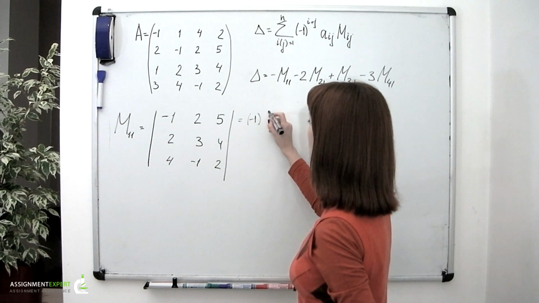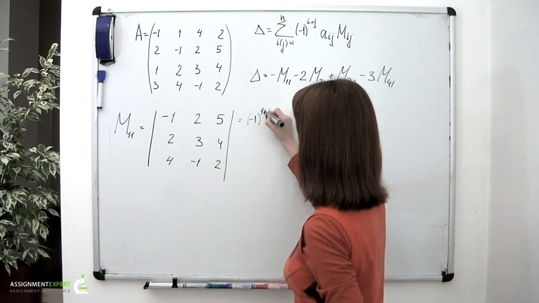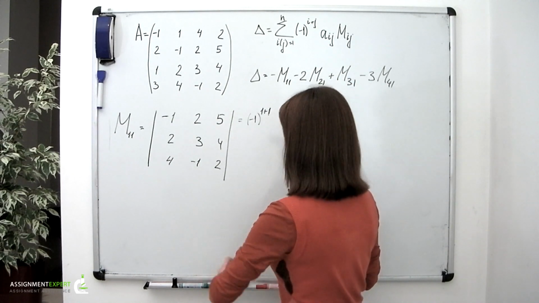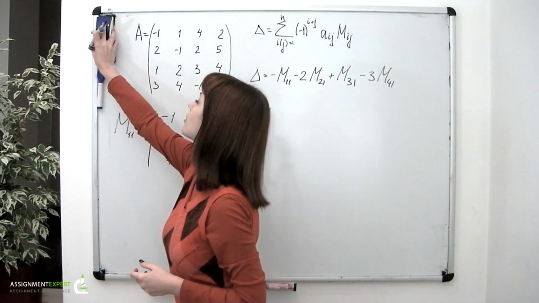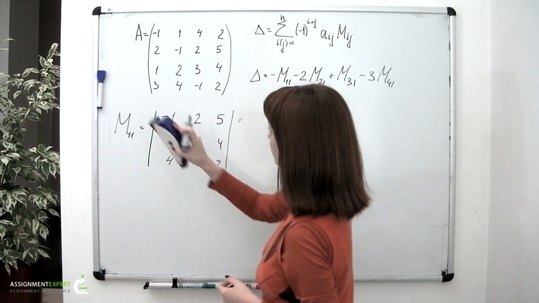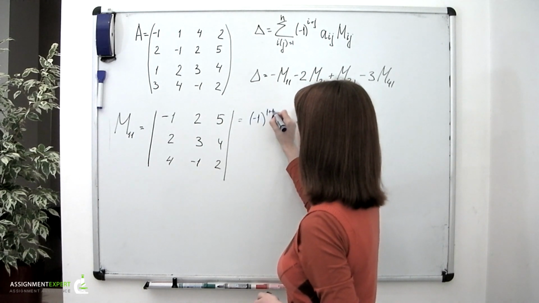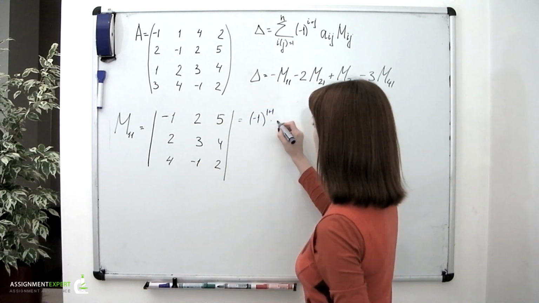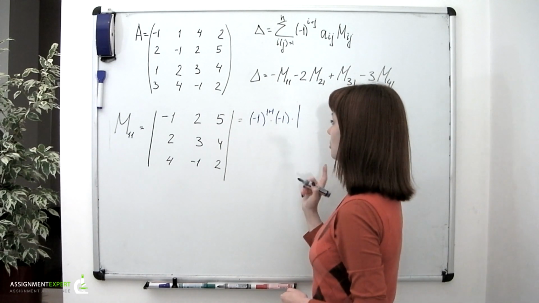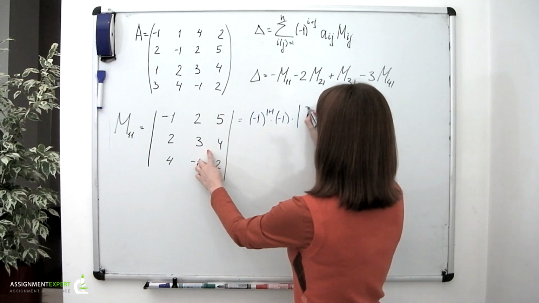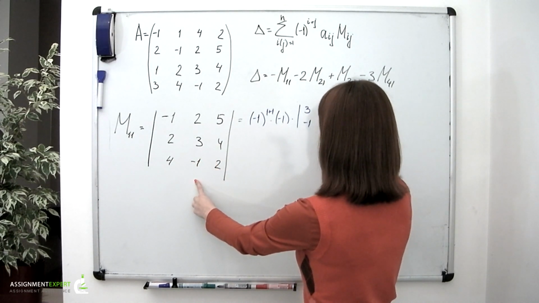Negative 1 to the power of 1 plus 1 times negative 1 times the determinant which is left, and that is 3, 4, negative 1, and 2.